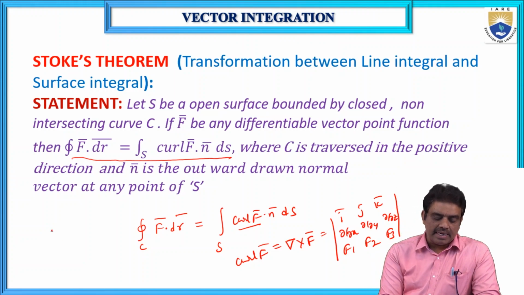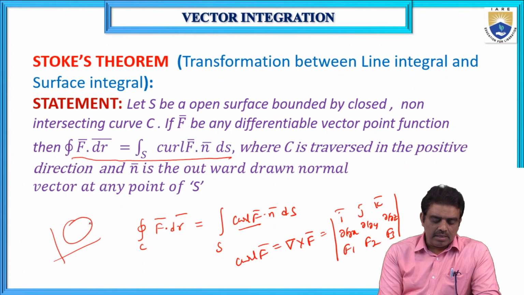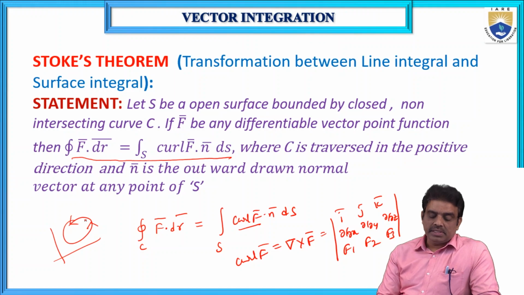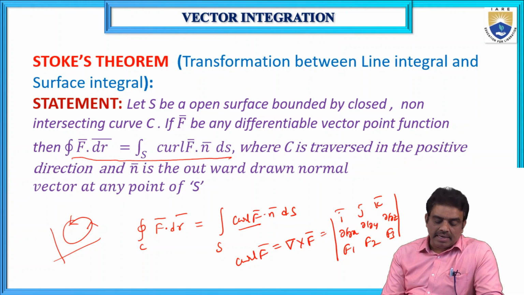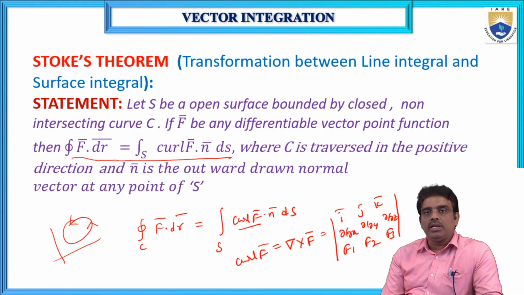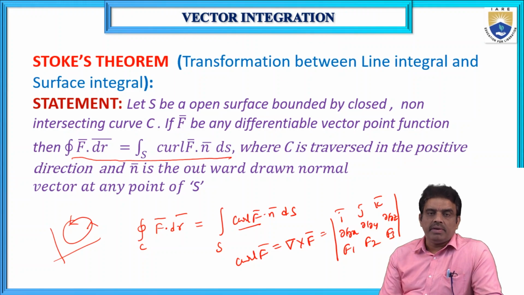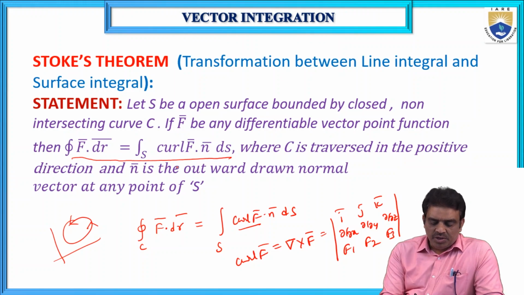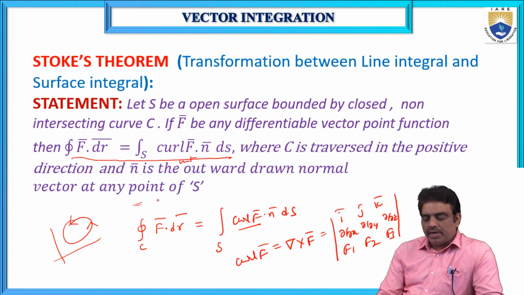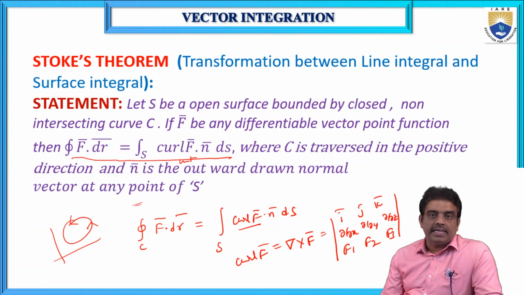Positive direction means anti-clockwise direction. This is the positive direction of C. That means we have to evaluate along the anti-clockwise direction, and n bar is the unit outward normal vector to the surface at any point of the surface. So this is the statement of the theorem.